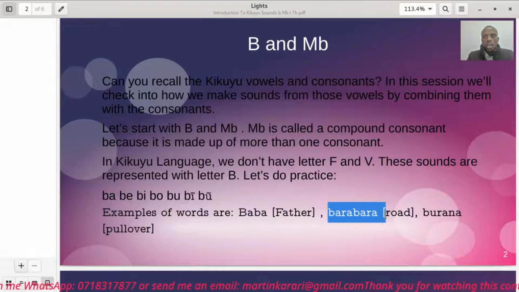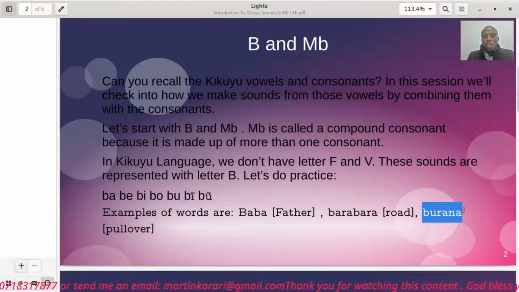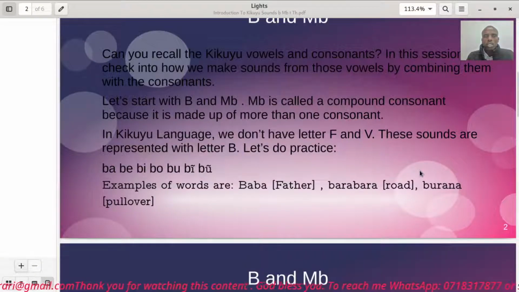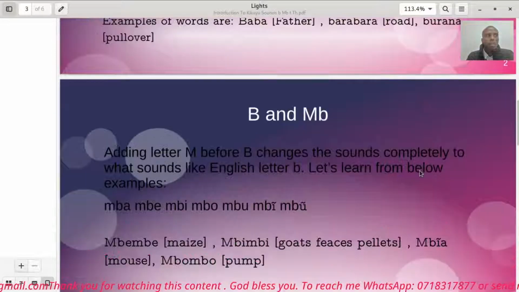That is road. The other word is furana, and purofa. So we have fa, fara, and purova. So let's just proceed to the next sound, which is M and B.